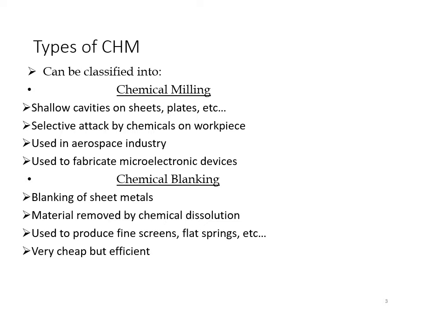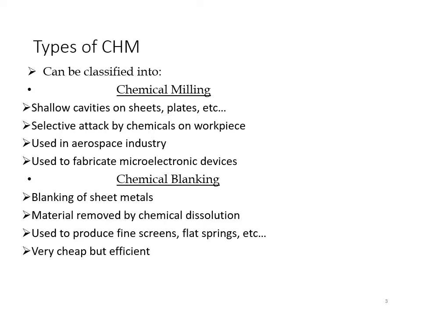Those are the different methods through which maskants are generally applied. Maskants are applied on a workpiece on the undesired area, so that in those areas the material is not removed from the workpiece, whereas the desired area is exposed to the chemical attack.